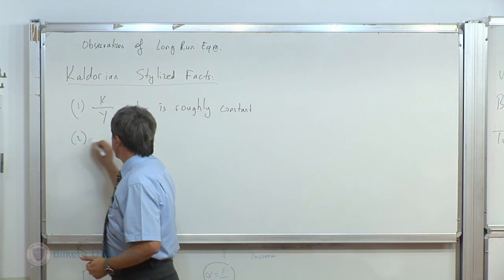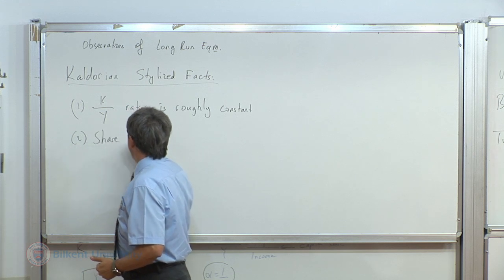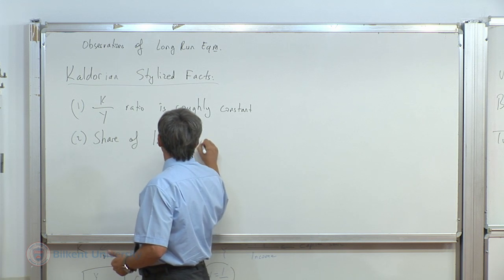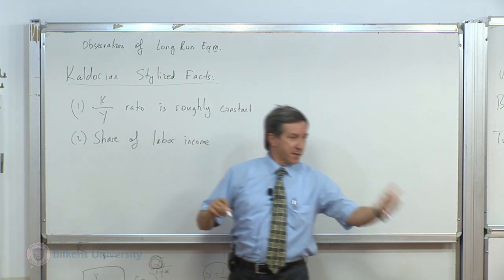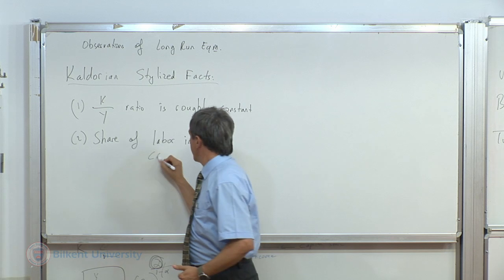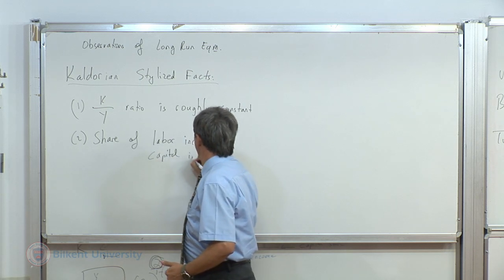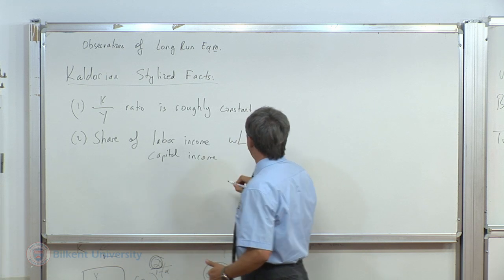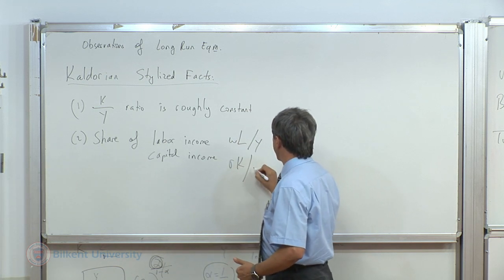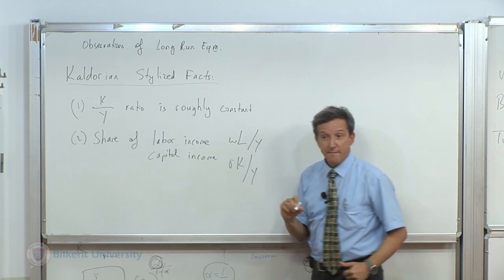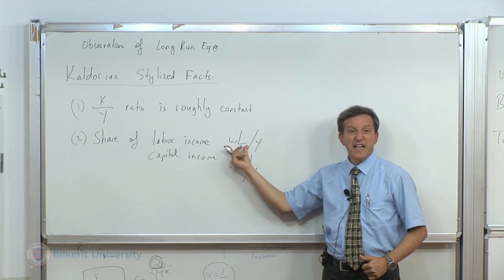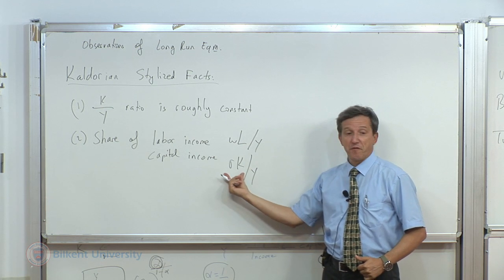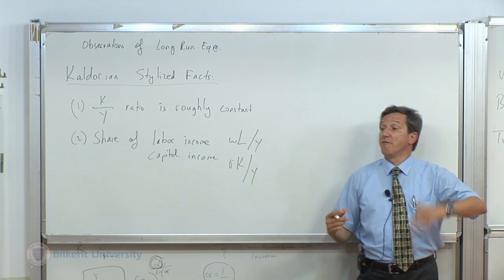Secondly, the share of labor income and therefore capital income. Capital income, that is, wL divided by Y, or rate of return to capital times K divided by Y. Wage rate times labor, wages, share of wages in GDP, share of profits in GDP, again, roughly constant.